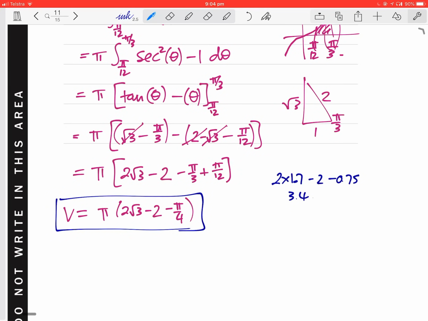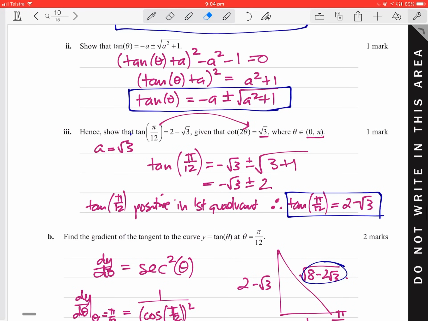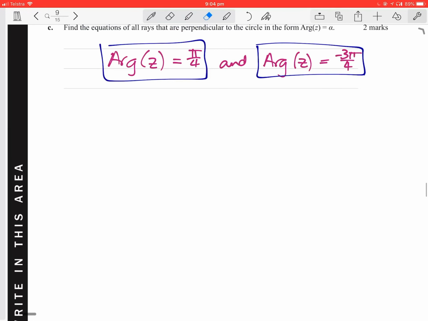So I've got 3.4 minus 2.75, which would be about 0.65, times pi. It's definitely positive, so that could possibly be our answer. We've got an answer. 2 minus root 3, that's right.